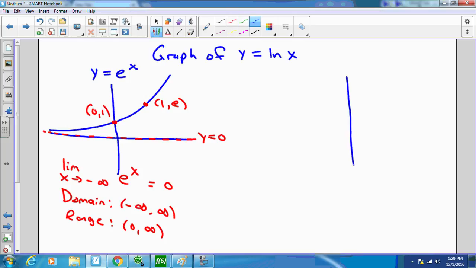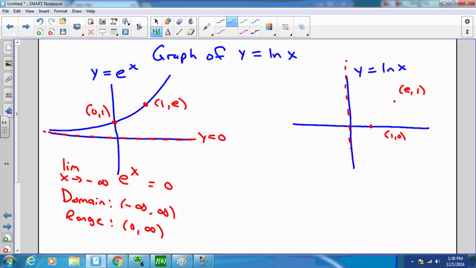So when I graph the inverse, all of these facts are still true, and now they are inverted. So instead of having the point 0, 1, I now have the point 1, 0. Instead of having the point 1, e, I now have the point e, 1.